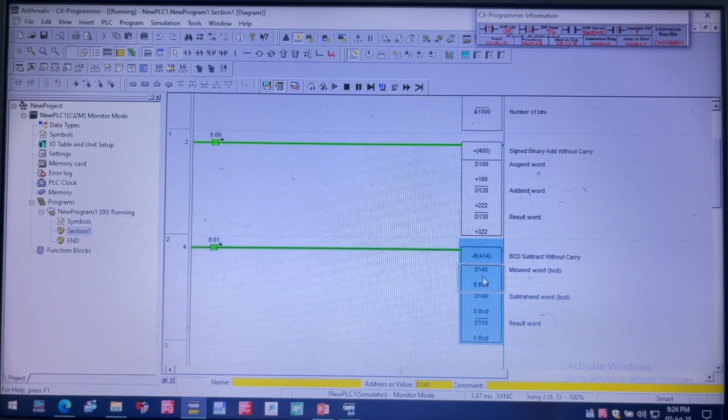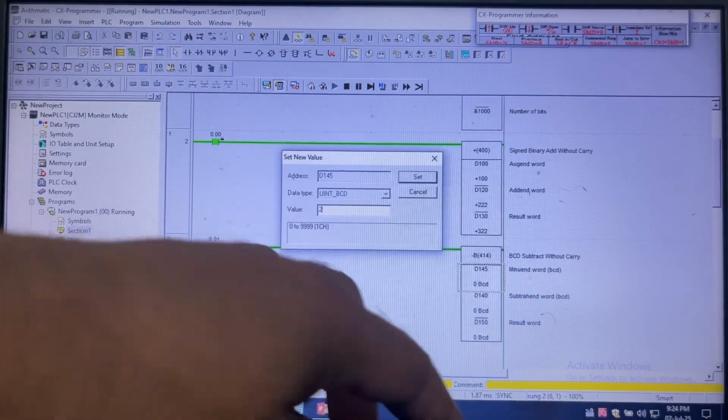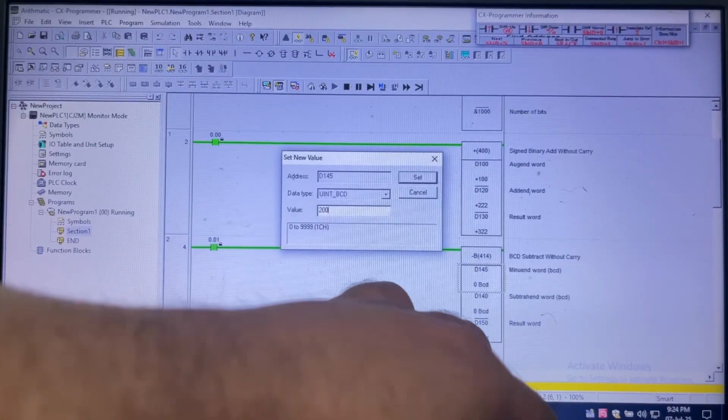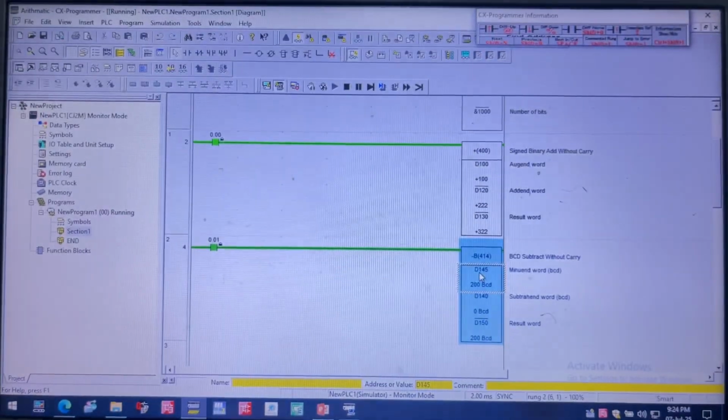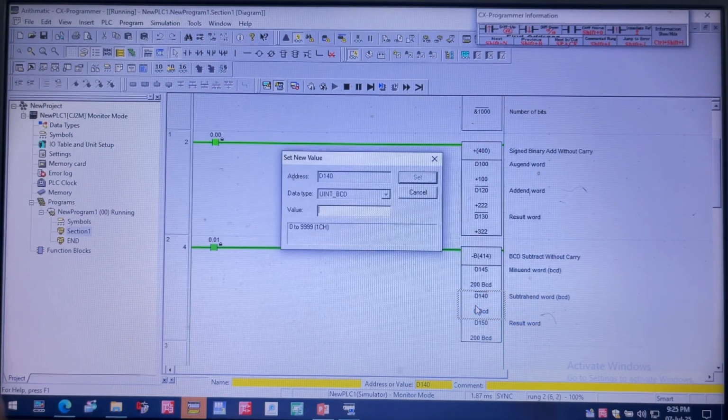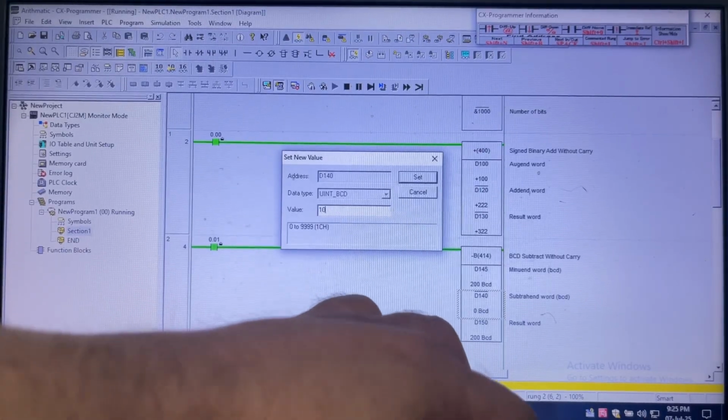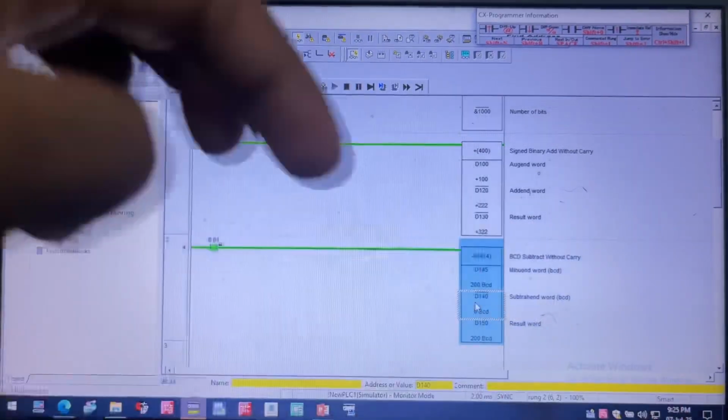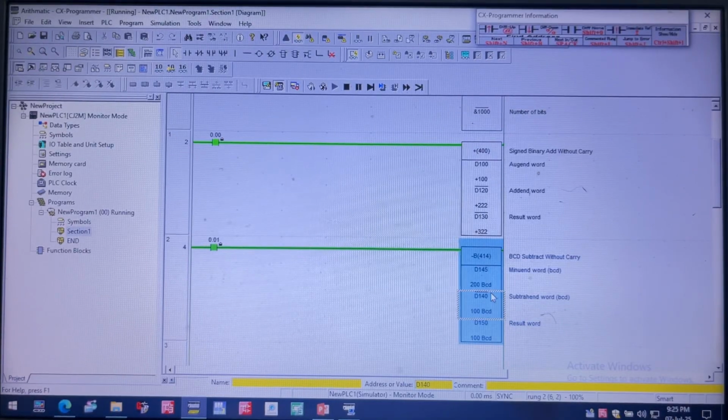I check D140 is 200. When I enter 200 and D140 is 0, the result word is 200. Now with 100, it shows 100. A simple calculation for easy understanding. D145 value is 200 and D140 is 100 in BCD, binary coded decimal, and the result is 100 BCD.